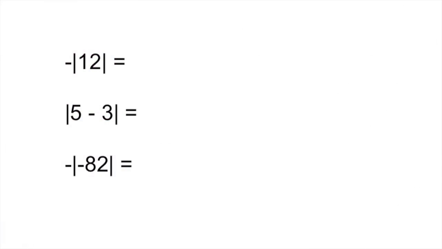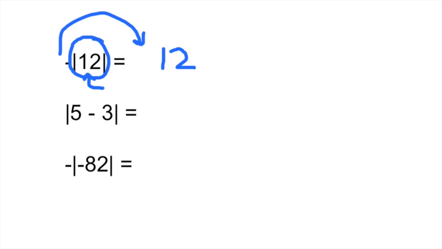Here are some tough ones. When we do absolute values, we do what's inside of them first, and then we do the outside, kind of like parentheses. So the inside of this absolute value of 12 is going to be 12, but there's a negative on the outside, so it's going to be negative 12.